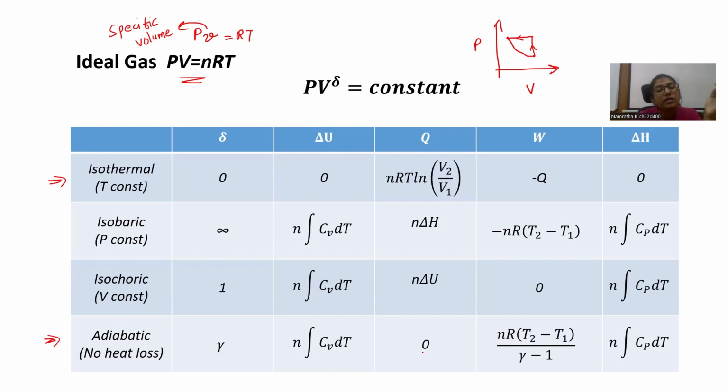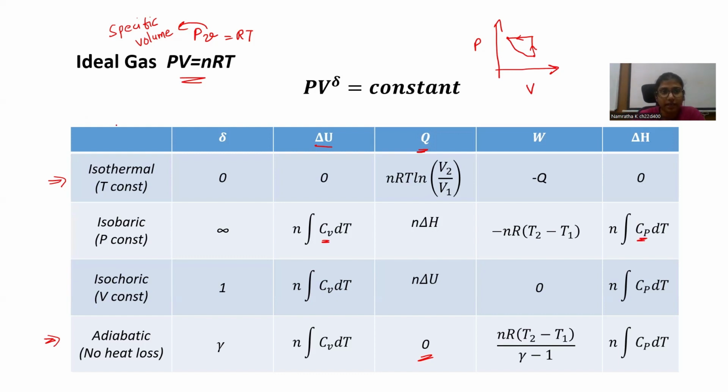Okay. So to find the change in internal energy, work, heat, and delta H, here we can see that we have two different variables, Cv and Cp. Okay, so the definitions are these heat capacities.